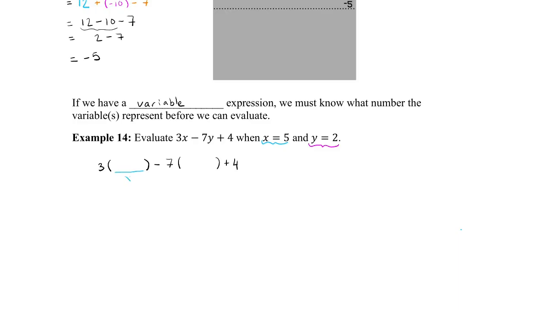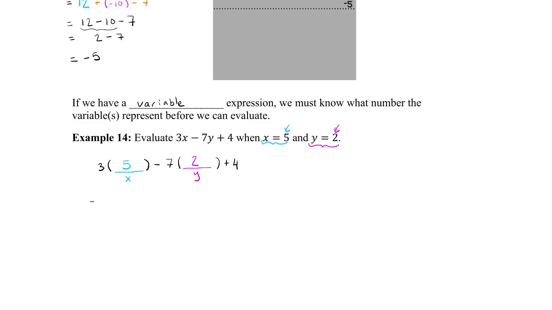This was an x. And this was a y. Finally, I'm going to look and see, what did my x represent? X represented the number 5. So I'm going to put a 5 in every blank labeled with an x. What did my y represent? Y represented a 2. So I'm going to put a 2 in every blank labeled with a y.